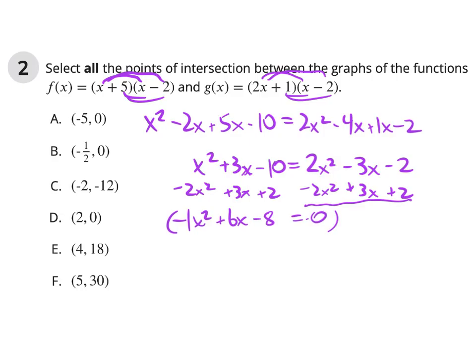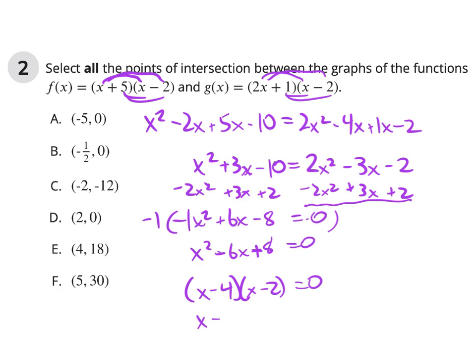We're going to multiply the whole thing by negative 1, giving us x squared minus 6x plus 8. I think we've seen the same polynomial in the practice problems. So this gives us x minus 4, x minus 2 equal to 0. So x equals 4 and x equals 2.